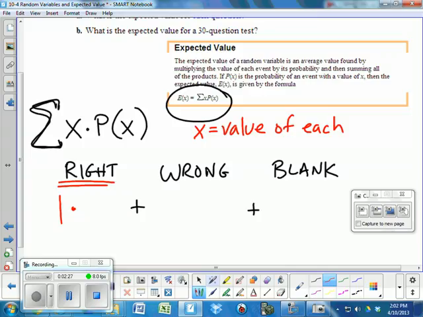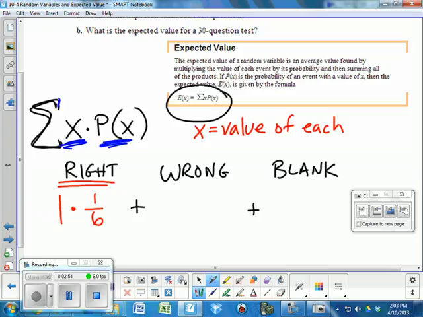When you roll the die, it either lands 1, 2, 3, 4, 5, 6. How many of those answers are the right answer? 1. Out of how many possibilities? 6. So you have a 1 in 6 chance of rolling the die and having it land on the right answer for that question. So x times p of x means to take the value of getting it right times the probability of getting it right.